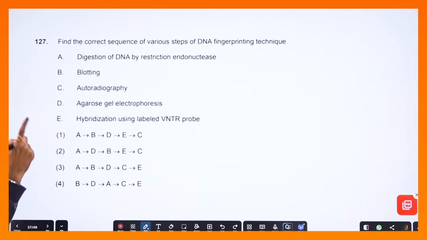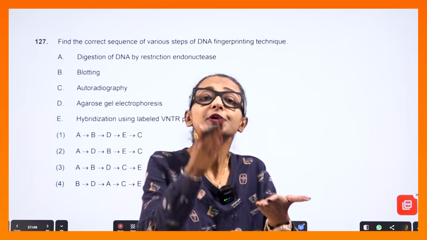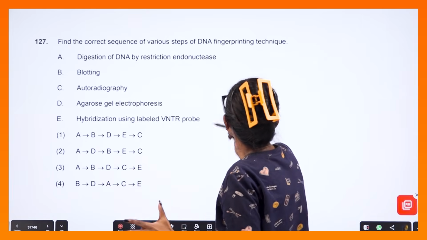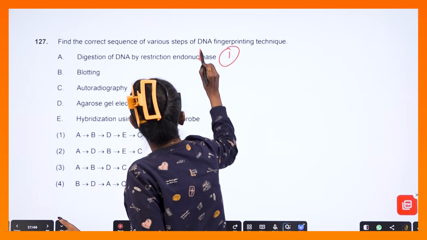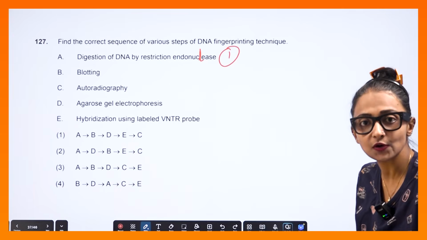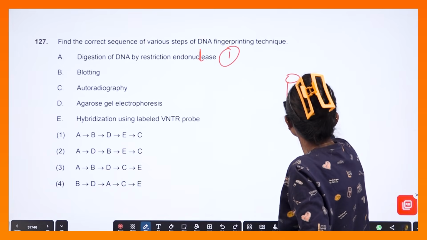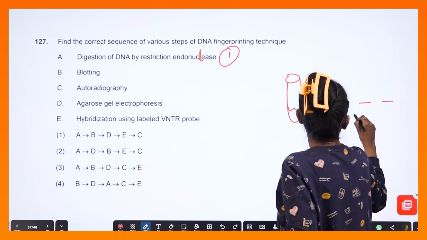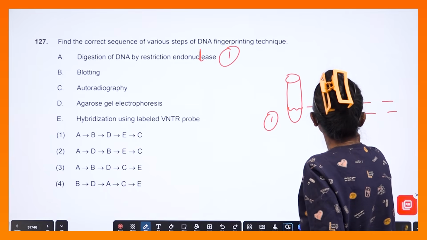Okay, steps. DNA fingerprinting, important. So whatever DNA is available to you, you will first digest the available DNA, right? So digestion, restriction endonucleases. This is L. Okay, this is the first thing. That means you have DNA here, you digest it, you will get fragments after digestion.